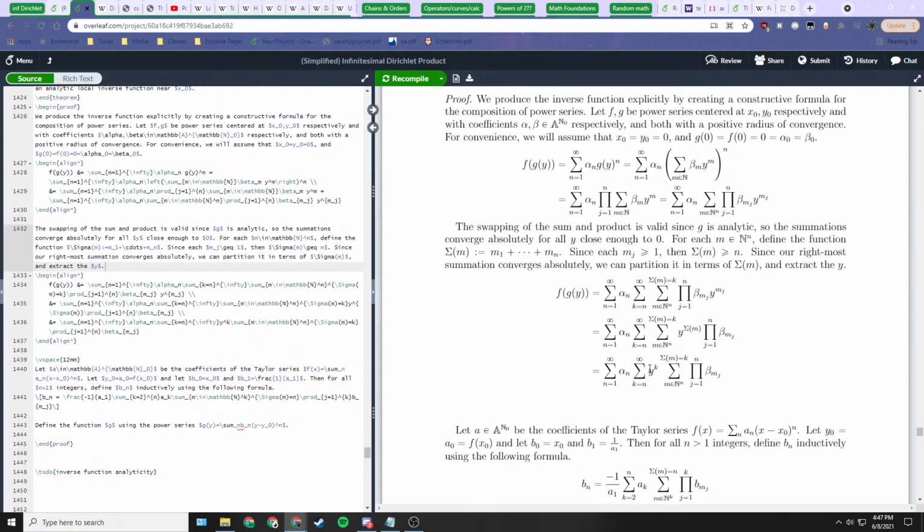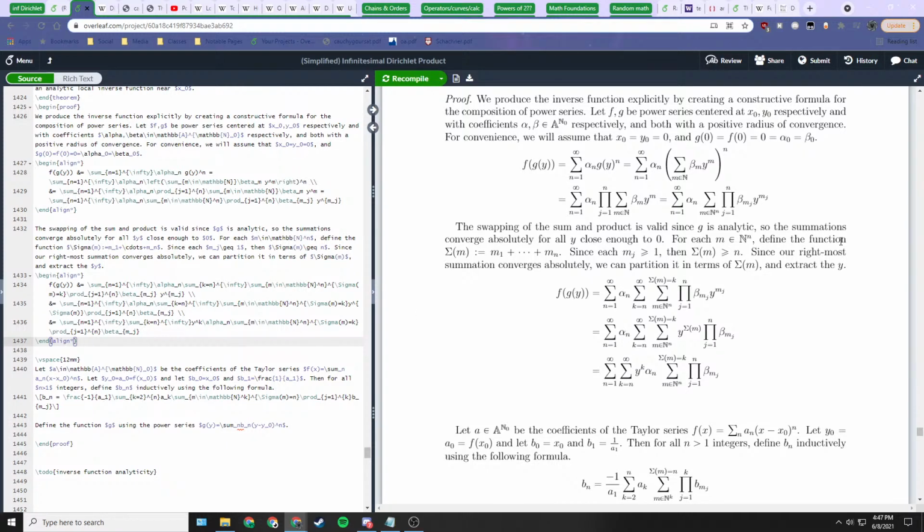And then we can swap these, so I'll pull through this alpha sub n. And then all we need is to swap these two summations.